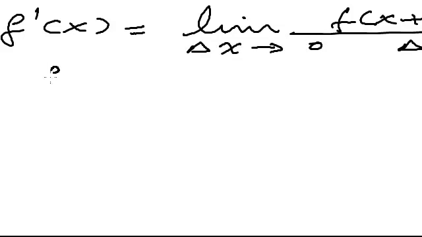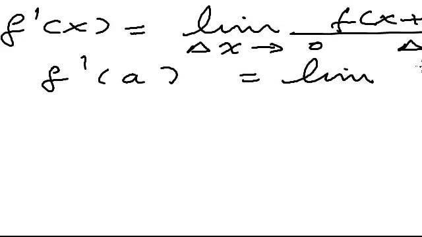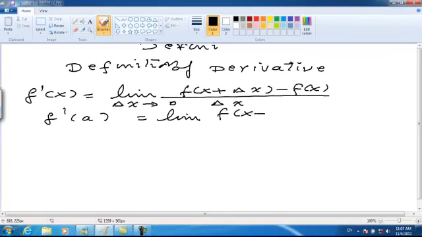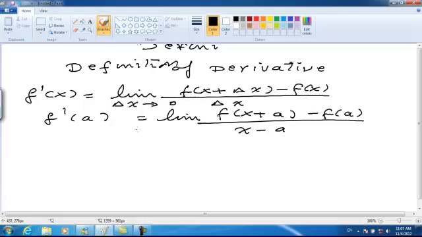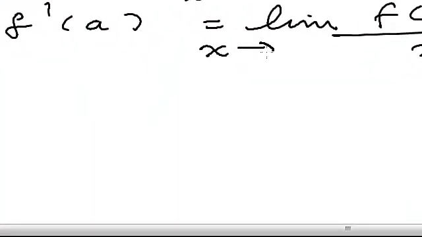At a certain point, f dash of a equals the limit of f of x minus f of a, divided by x minus a, as x tends to a.